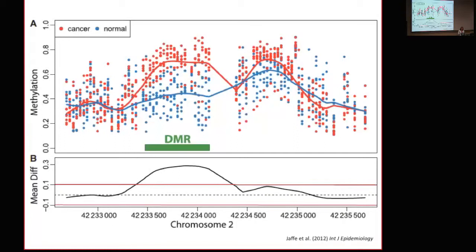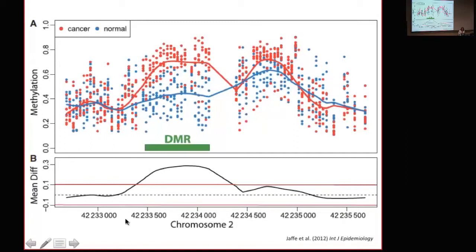I have overlaid two lines here, the red line and the blue line. I'm going to explain what those lines are in the next slide, but I want to give you some intuition of where we're going with this first. The idea is you want to use the smooth methylation status between the cancer and the normal samples to identify regions where the mean difference of those smooth lines is larger than some cutoff or threshold.